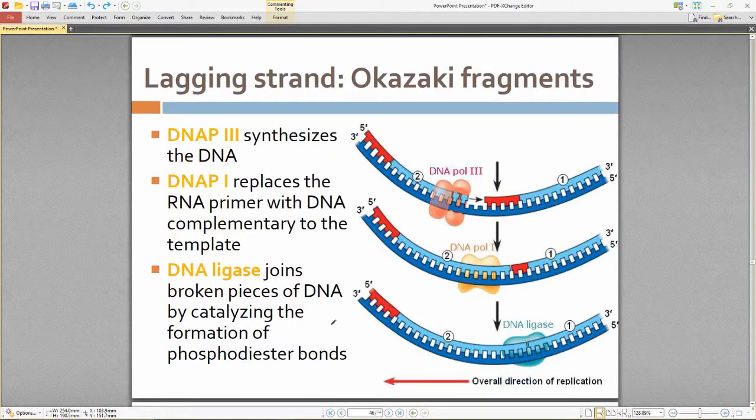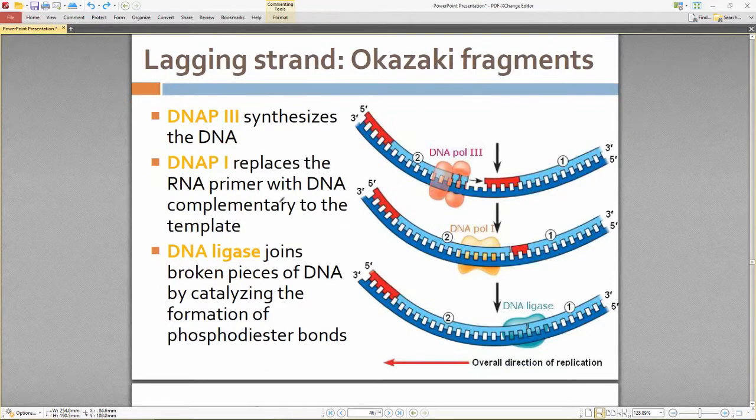Let's look at it this way. So what happens at Okazaki fragments? Everything we learned before still applies. A primase comes down and puts down a primer. DNAP3 extends it. DNAP1 replaces the primers.